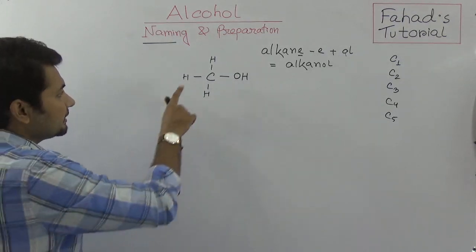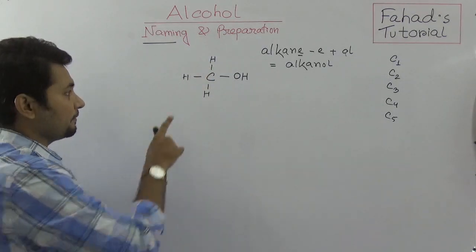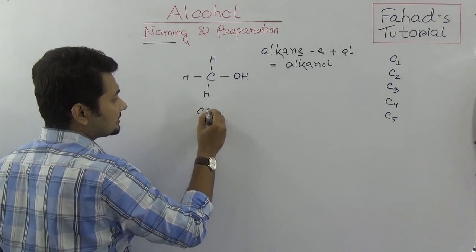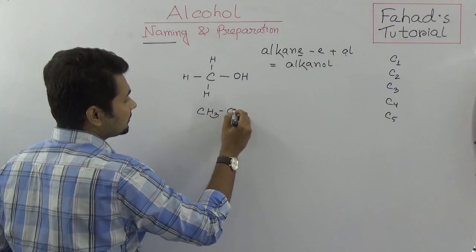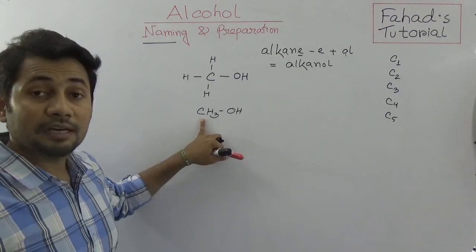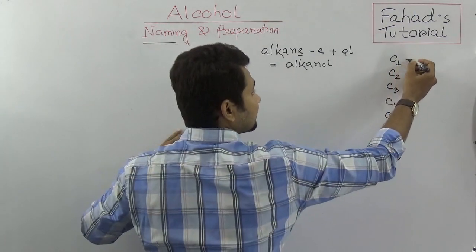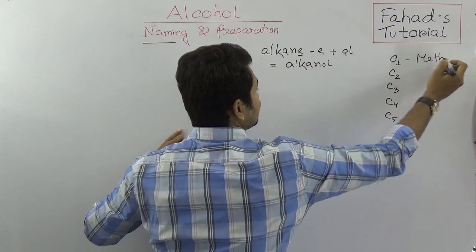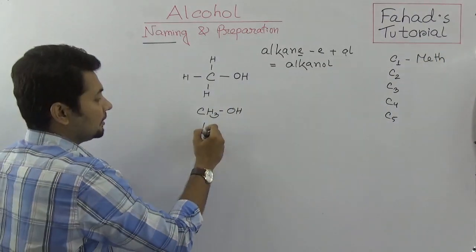Now you think that here a single carbon, so accordingly we can say this is CH3OH, that is methanol, because carbon 1 is meth. So this is methanol.